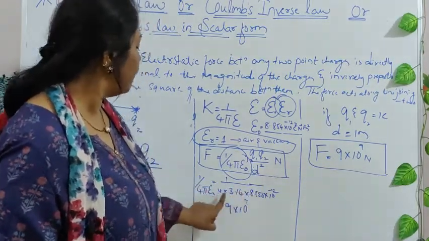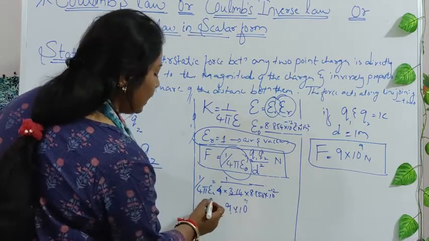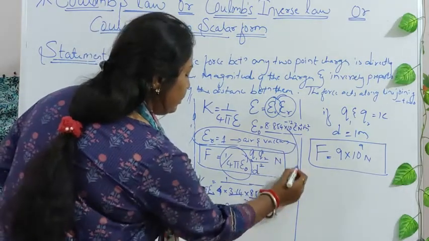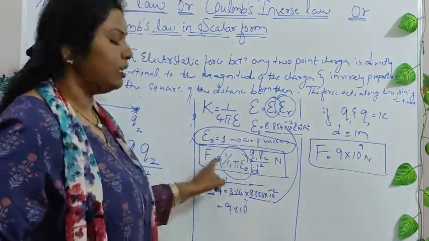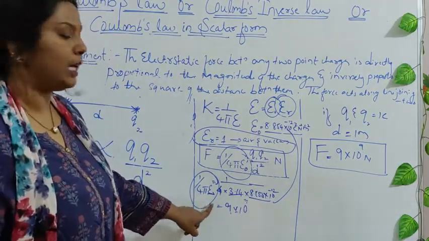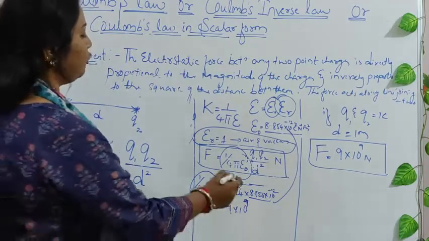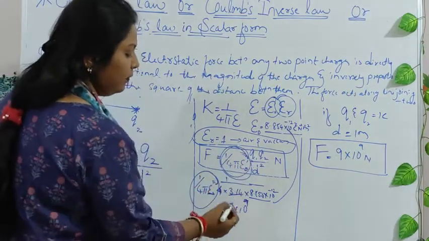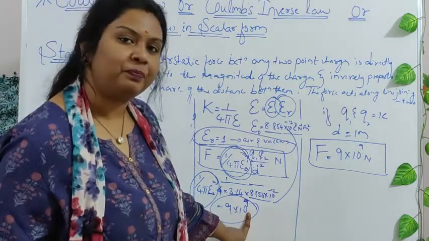Pi is 3.14, epsilon naught is 8.854 into 10 raised to minus 12. When you calculate this, you get the value of 1 by 4 pi epsilon naught as 9 into 10 raised to 9. Instead of writing the whole expression, you can directly put the value 9 into 10 raised to 9 in the equation.